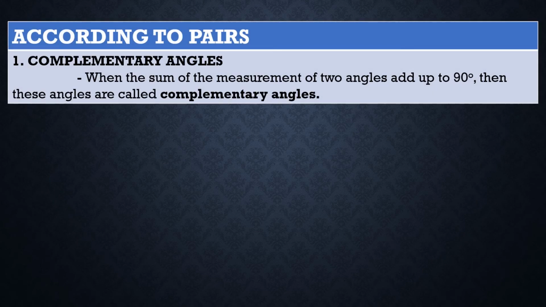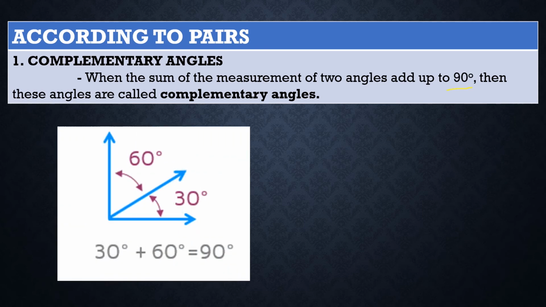We can also classify angles according to their pairs. So the first angle pair that we're going to discuss is the complementary angles. So yung complementary angles, binubuo ito ng dalawang angles. So when the sum of the measurements of two angles add up to 90 degrees, then these angles are complementary angles.